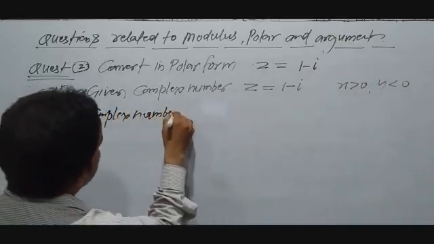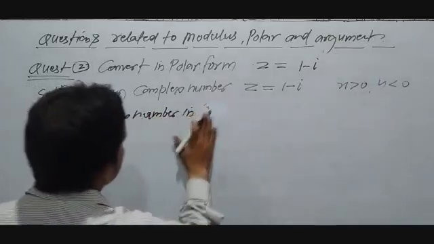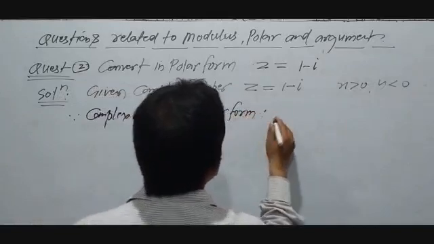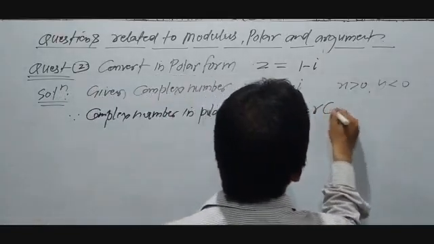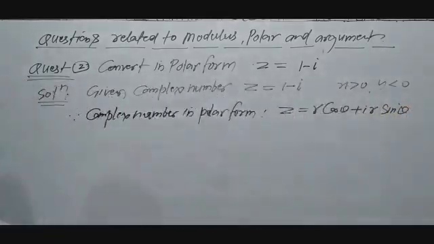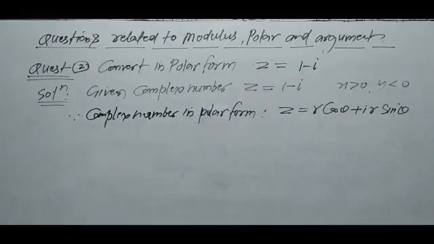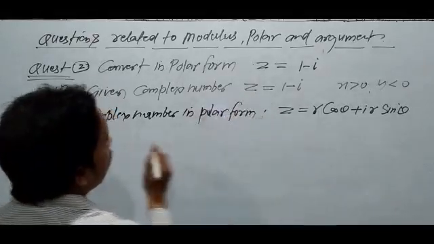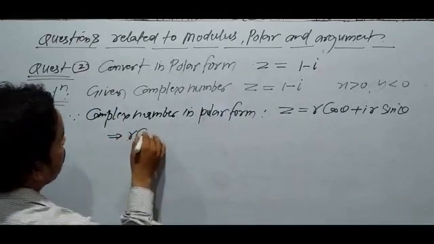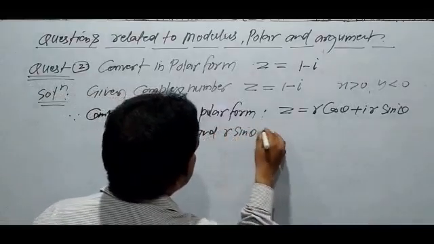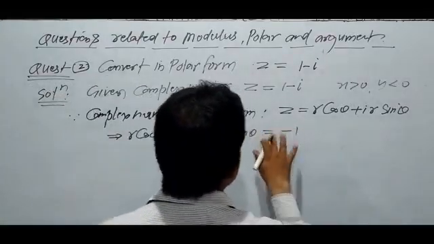Since the complex number in polar form is z is equal to r cos theta plus i r sin theta, after comparing from Cartesian to polar, you will get r cos theta is equal to 1 and r sin theta is equal to minus 1.